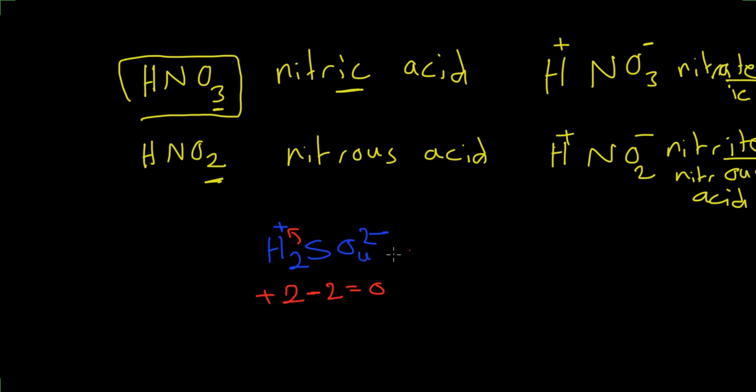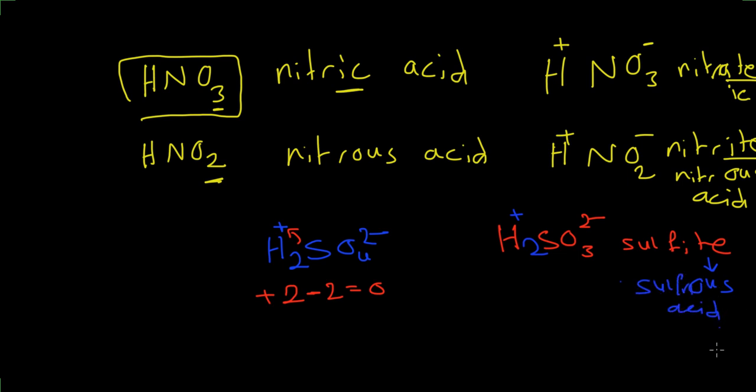So this is sulfuric acid. When you have SO3 minus 2, which is sulfite, when you add 2H to it, it becomes sulfurous acid. Sulfurous acid. Okay.